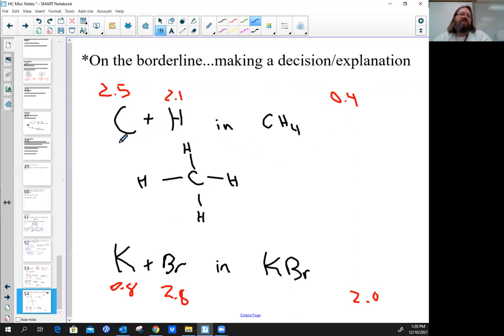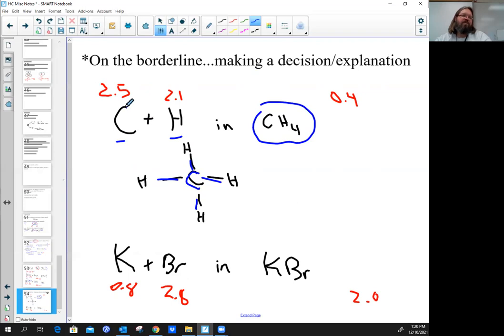So, for example, carbon and hydrogen in CH4. CH4 is methane, like methane gas, natural gas, okay? We use it in the Bunsen burners that we burn, right? So it's a molecule with a central carbon atom, and it's got four hydrogens bonded off of that, right?